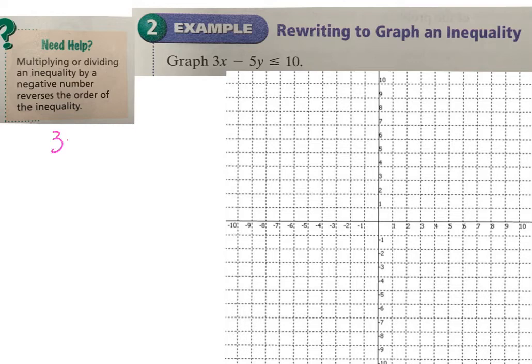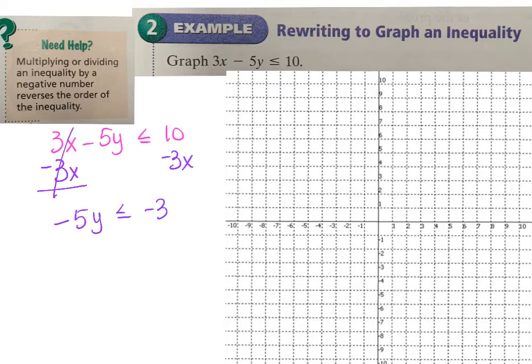So if I take the 3x minus 5y is less than or equal to 10, this is what you did for bell work. We will subtract the 3x from both sides, all right? Over here, we're left with -5y is less than or equal to -3x plus 10, all right? And then I am going to divide by -5.